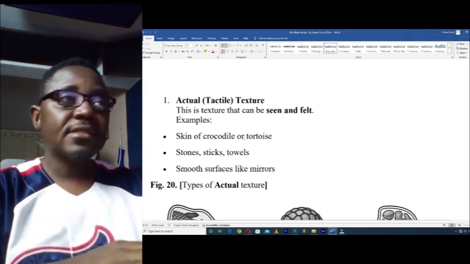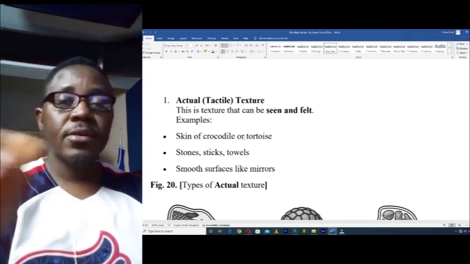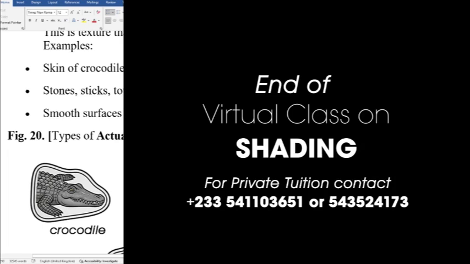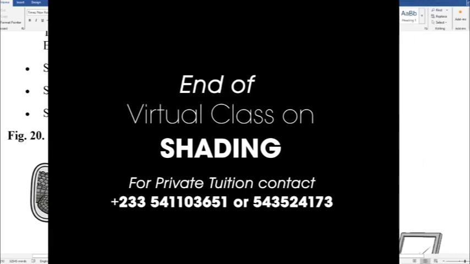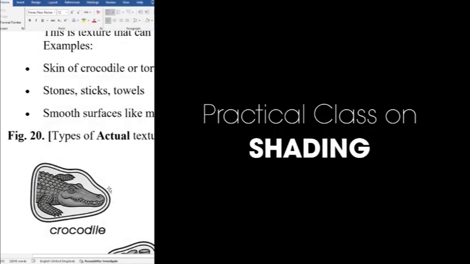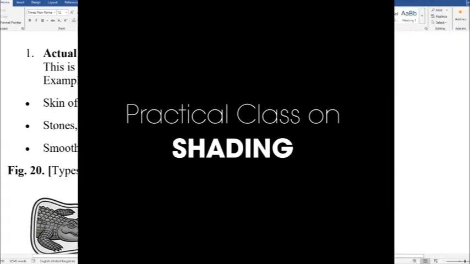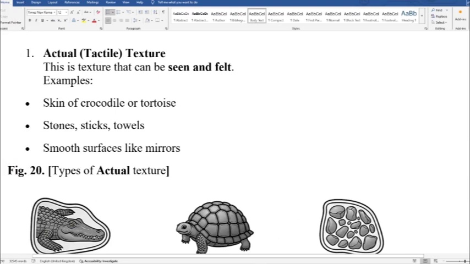I didn't say you should go and touch any crocodile, but when you go to art galleries, sometimes you might see some leathers like that. You see the leather of a crocodile, then you can touch it. You can see some tortoise also. When you go to most of these museums, these big art galleries, you see those things there. So you can see that the texture of a crocodile is rough, just as you see it. And even the teeth are rough.